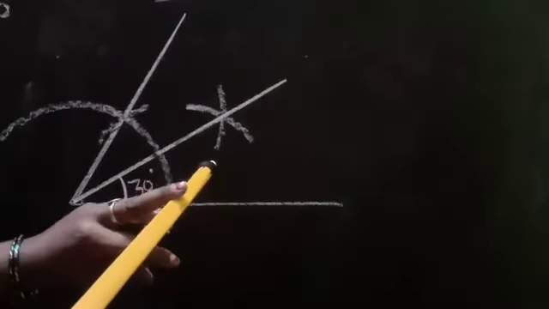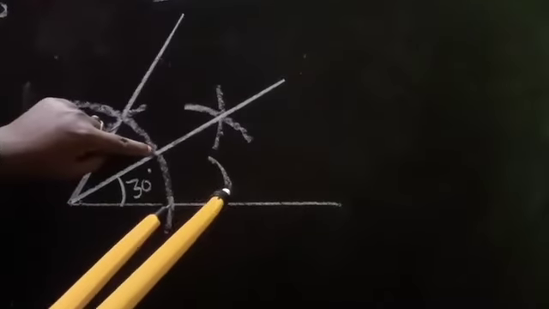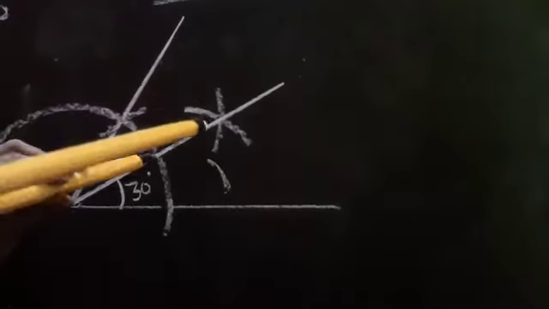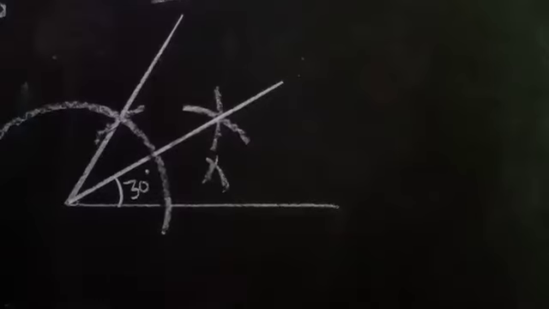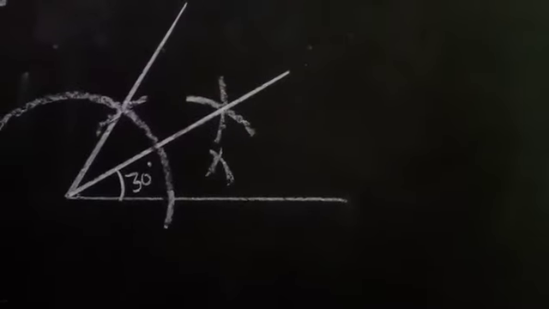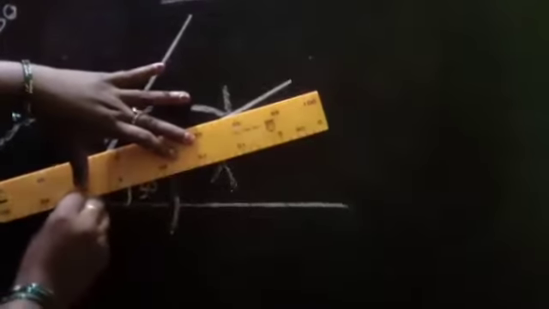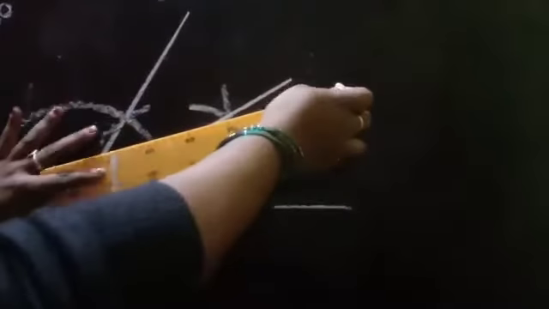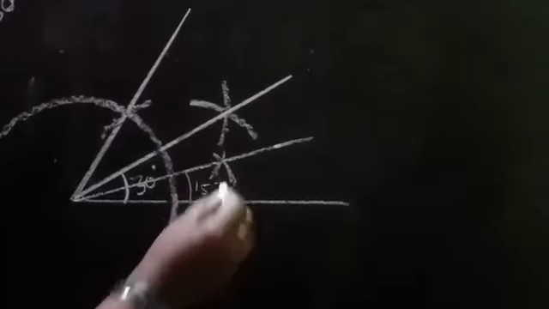I made it small. From here to here one arc. Again from this point to here one more arc we have to do. Then join that. From here to this starting point, if you draw, we'll get this angle, 15 degree.